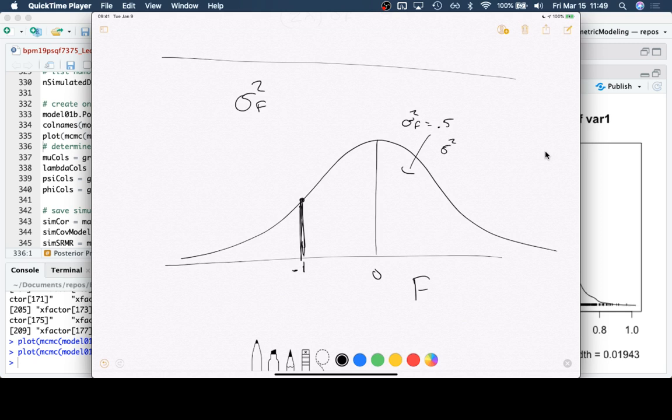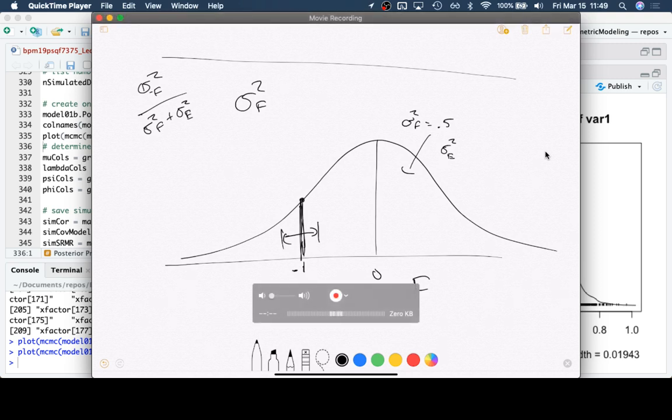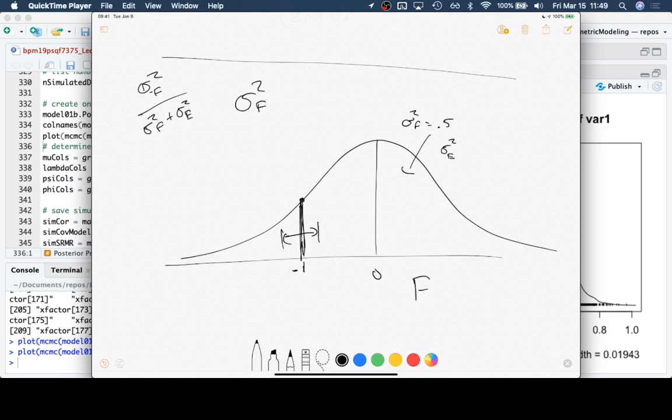The question then becomes, what is the variance of error? Or what is the total? Right? So what we end up having here is some type of a range around that factor score that we have to account for. So when we build things up, when we say that we're looking at sigma squared factor over sigma squared factor plus sigma squared error, we should see sort of the total range of what factor scores might be and how much that differs, right?